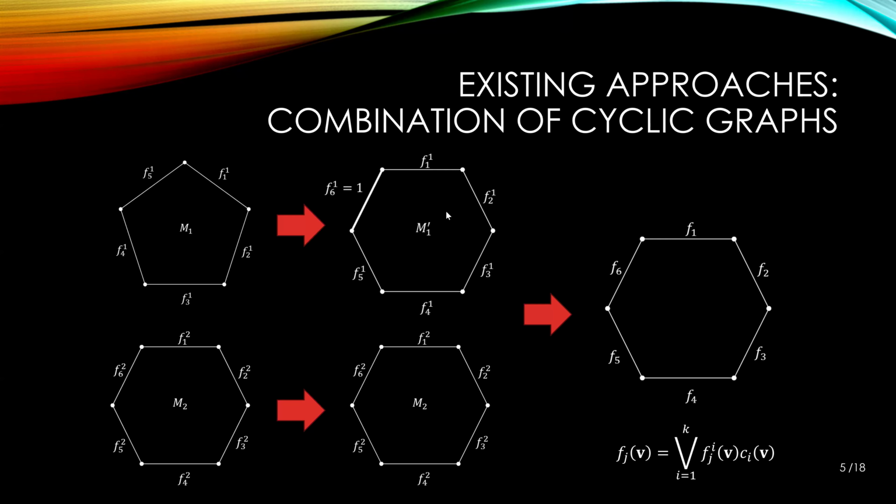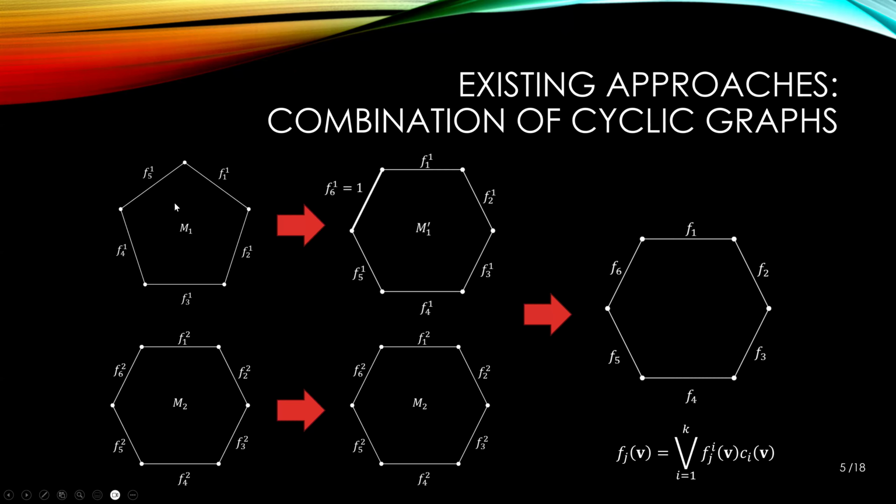In this case, the model can be transformed to a common cycle graph by adding vertices connected with edges having trivial edge functions of the form f equal to constant 1, if necessary.